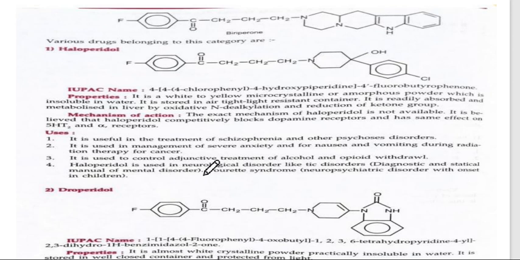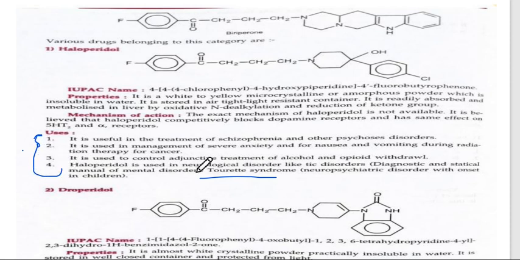It is used as an adjunctive treatment of alcohol and opioid withdrawal. It is used in neurologic disorders and Tourette syndrome, a neuropsychiatric disorder with onset in children. The uses of haloperidol are quite important.